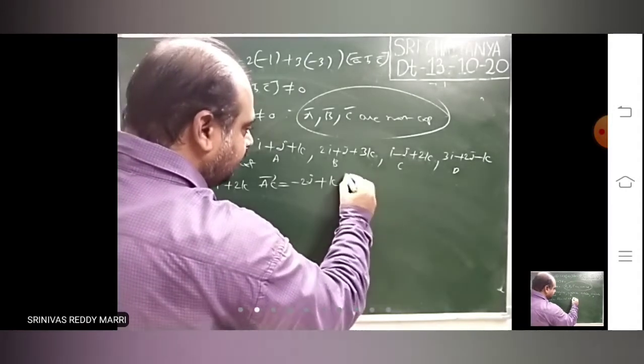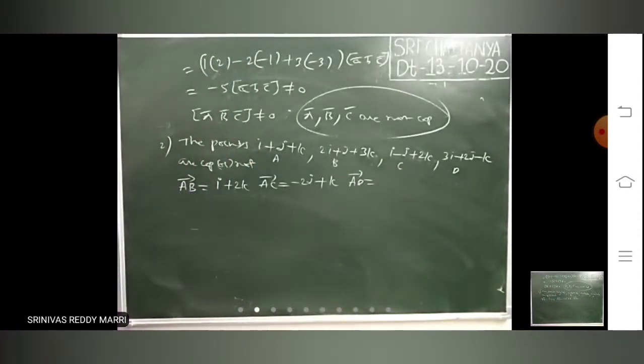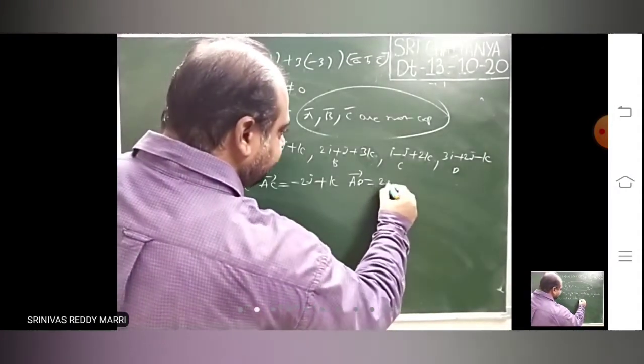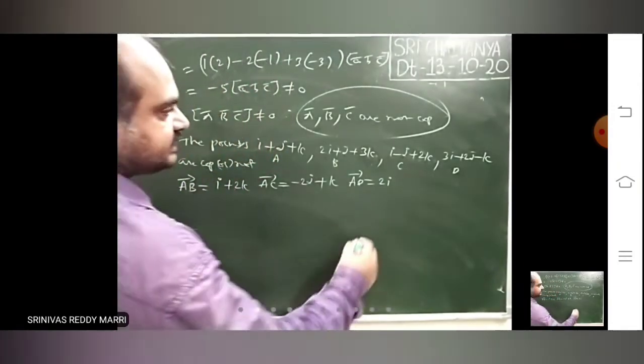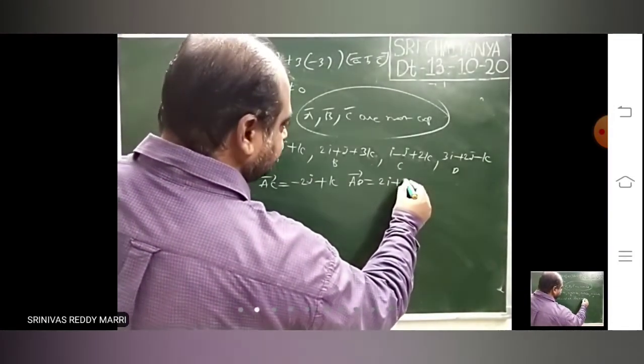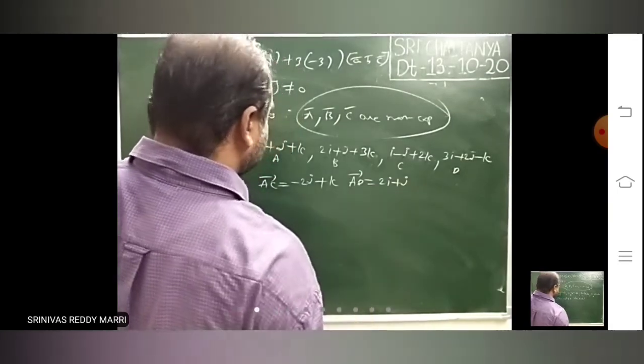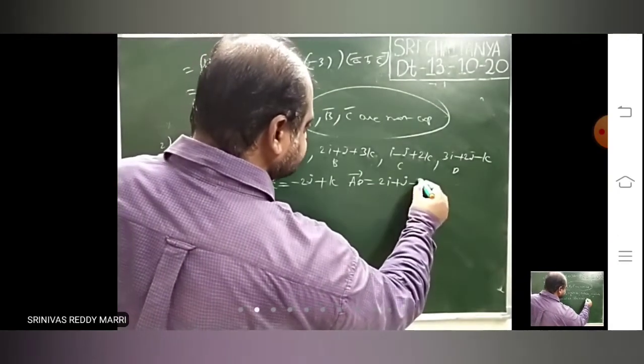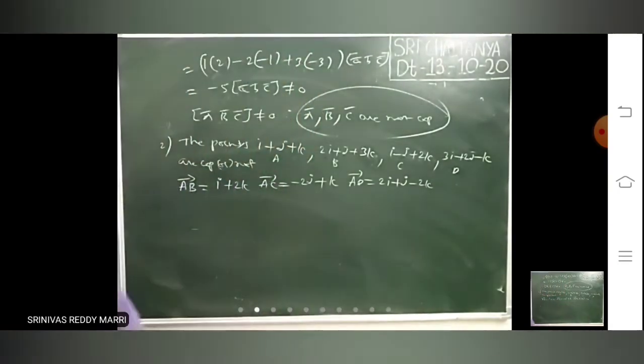So AD bar is nothing but OD bar minus OA bar: 3i minus i, 2i, plus 2j minus j, minus k minus k. So this is minus 2k.